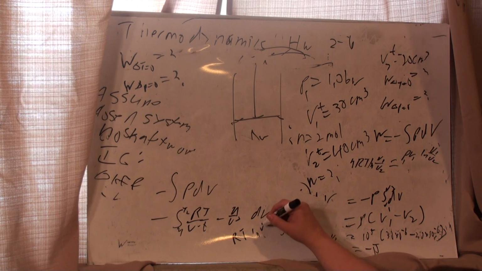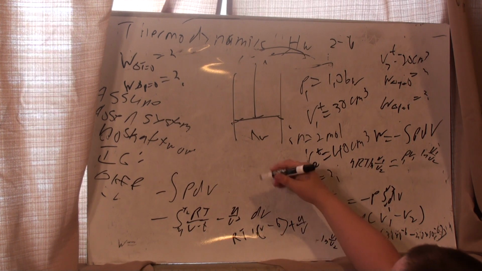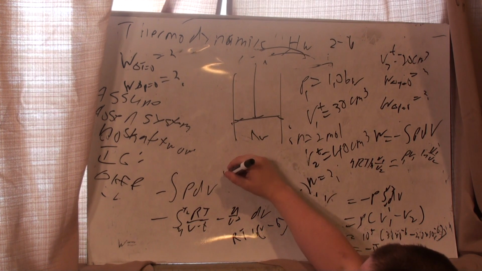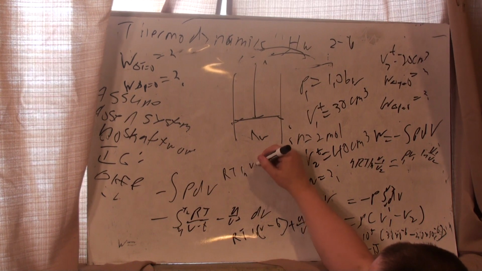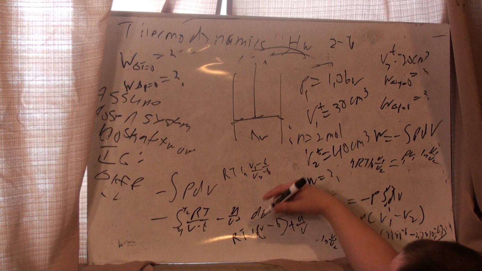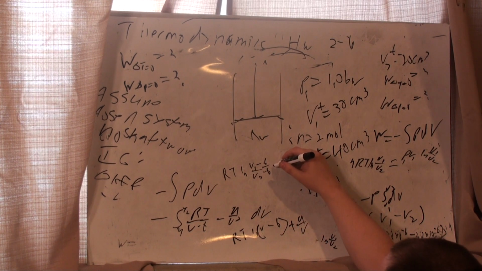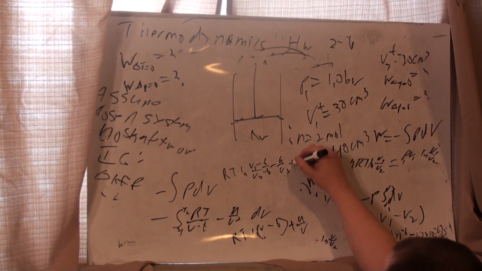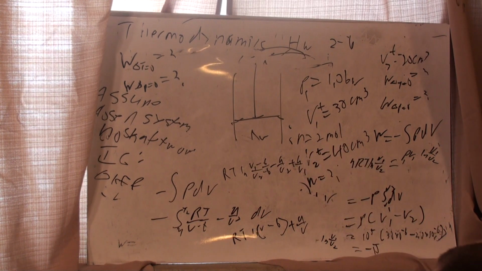So that's actually the integral. So I can do it right now. Why not? So I have RT natural log of V1 minus B over V2 minus B, minus A over V2 plus A over V1. Okay. With this minus right here.